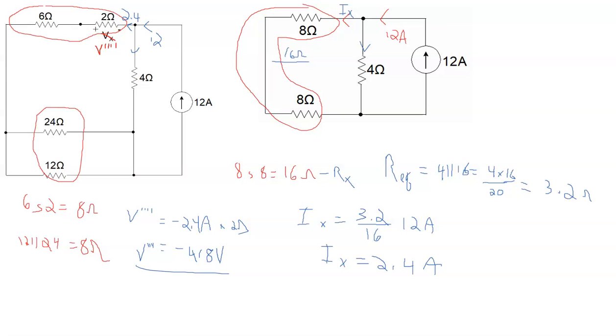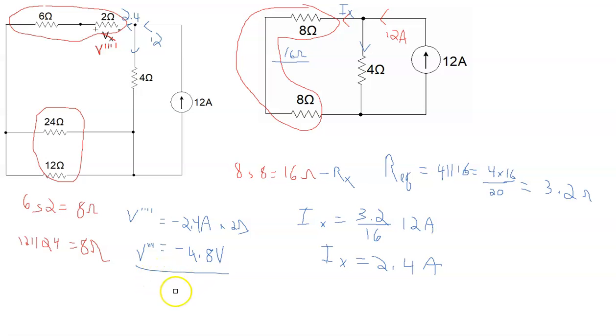Okay, so we have all of our voltages now: V prime, V double prime, V triple prime, V4 prime, and so on. And so, okay, I thought I made a mistake there somewhere. Where is it? Oh no, I don't actually.